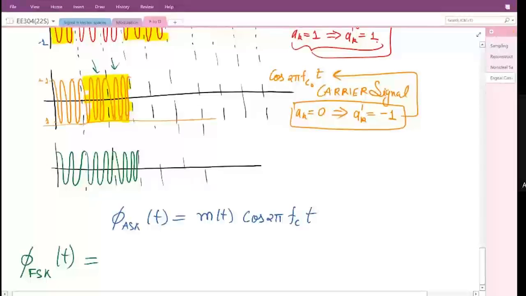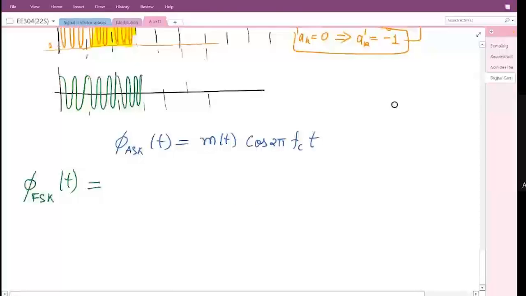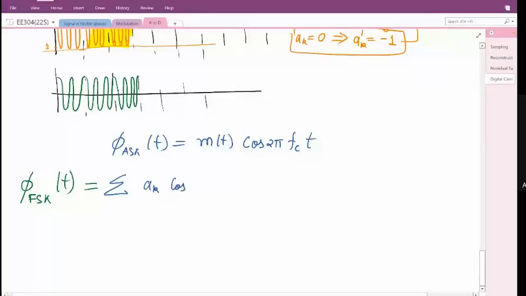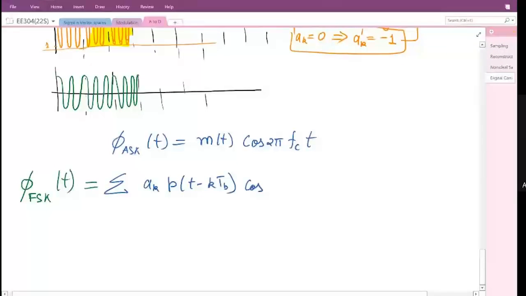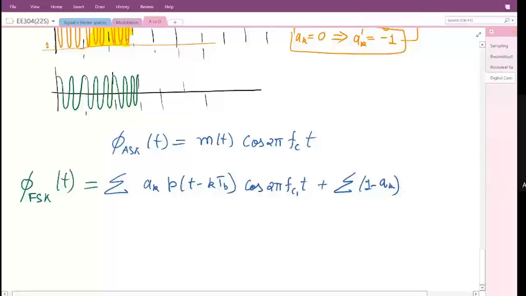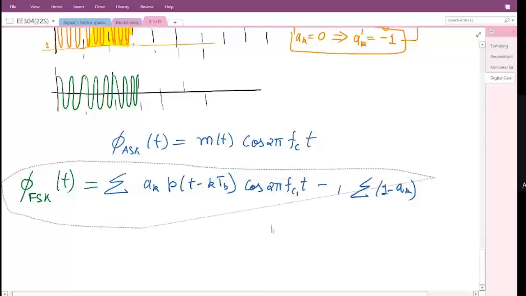So the way in which I'm doing it is, again, I will write this in the summation as AK, sorry, not AK, then we have to take this pulse P of T minus KTB times cos of 2 pi FC1T plus, I'm going to write this as 1 minus AK. Let me just write it below, or probably I will rewrite this.